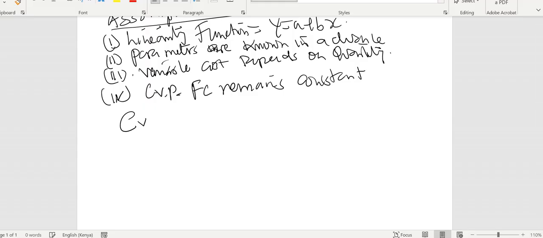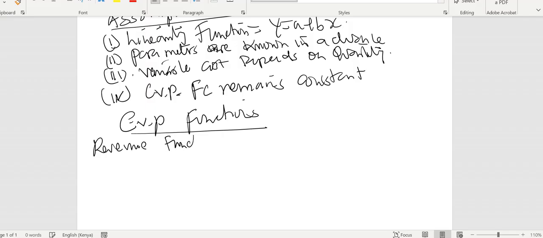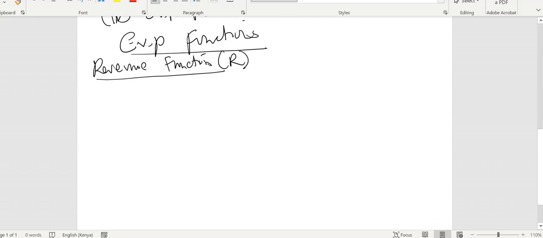There is what we call the CVP function or functions. One is the revenue function. So you can put here into bracket R. The revenue function.